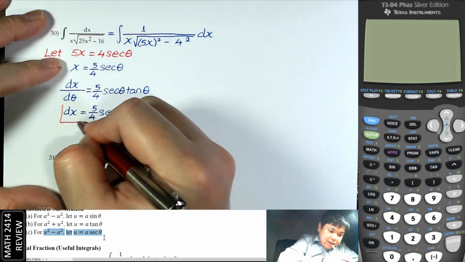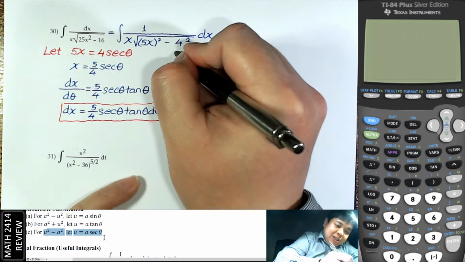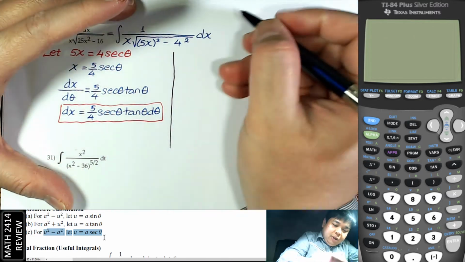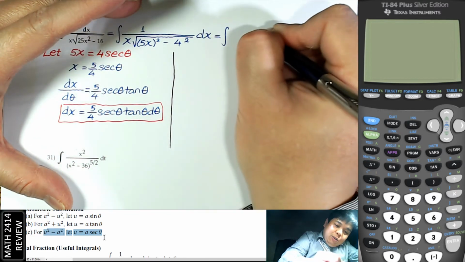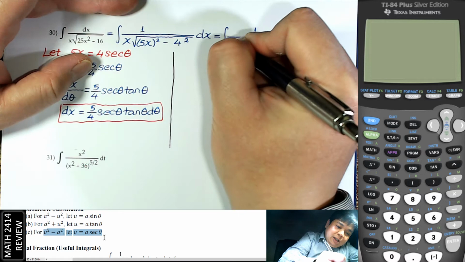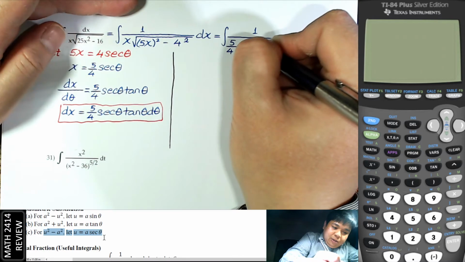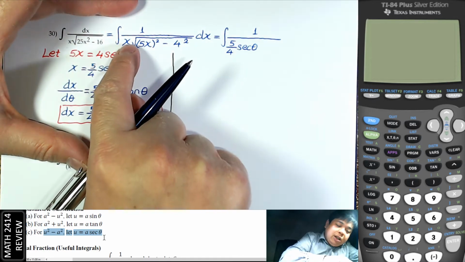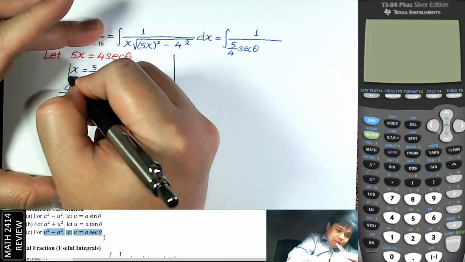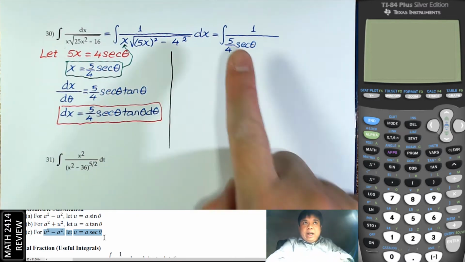Right, so we have dx and the substitution, right? I can just write here 1. x is 5 over 4 secant, so that will substitute for this x here. Yeah, that's what we get here.